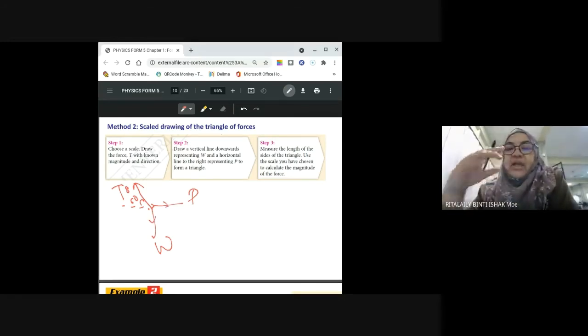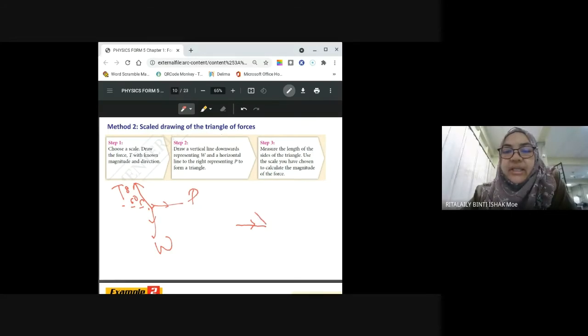So, like before, we shift the forces until they form a triangle. Okay, so we take this P, and then we draw T again. So this is W. Okay, and then this angle should be 60.